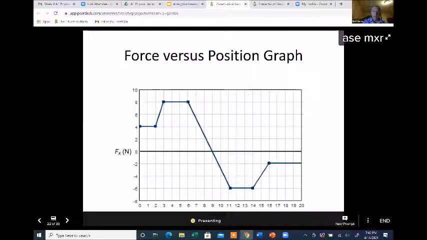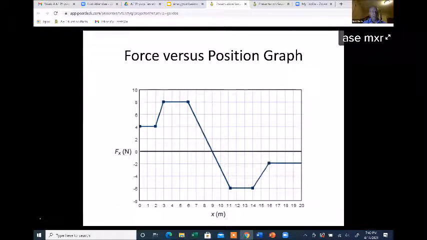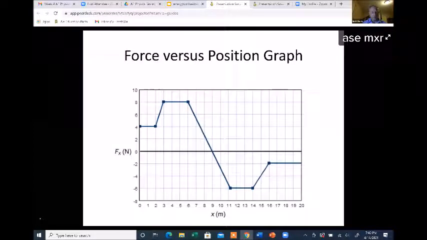If it's below the axis, negative work. That's important. From 0 to 9 meters, positive work is being done on this object, and then from 9 to 20, negative work is being done. So when you're calculating the areas, that sign does matter.